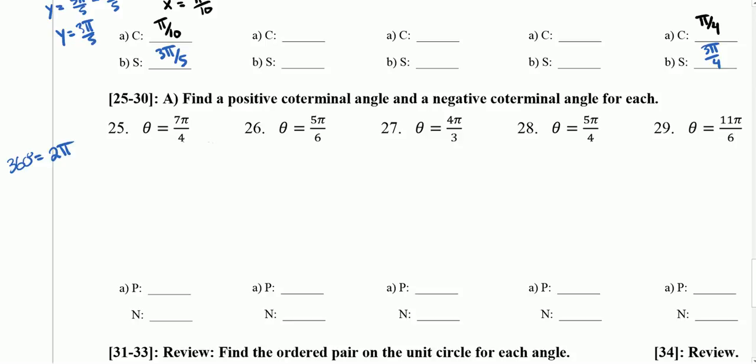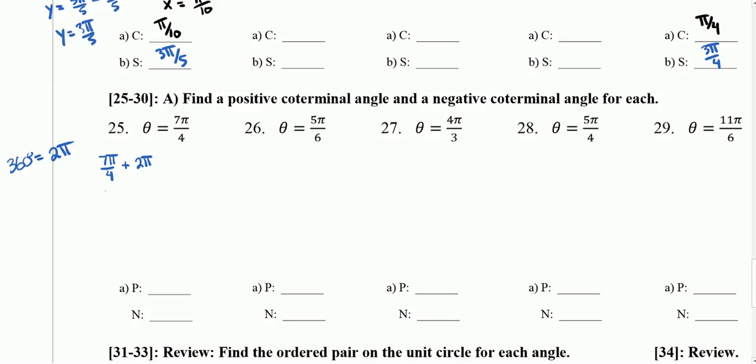So on 25, if I take 7 pi over 4 and add 2 pi, I will get a coterminal angle. Again, when you're adding, you need a common denominator here because we're working with fractions.